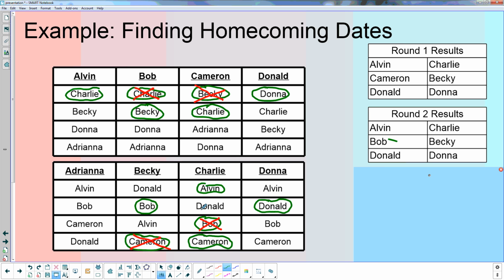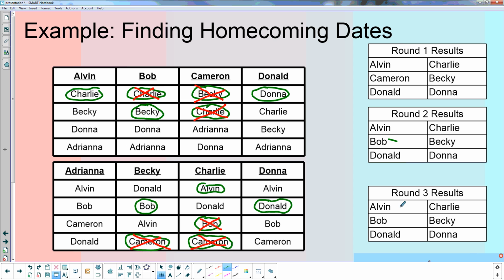And Alvin's still higher on Charlie's list than Cameron is, so Cameron gets immediately rejected in his proposal to Charlie. Even though nothing has changed, it's another round of results in that we have Alvin with Charlie, Bob with Becky, and Donald with Donna. Again, nothing changed, but we did try another iteration of all results.